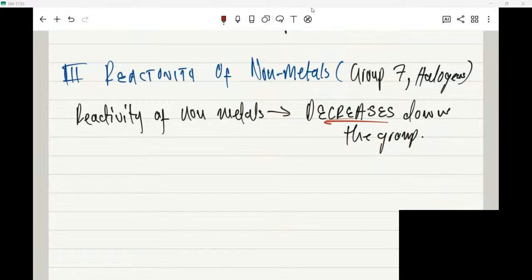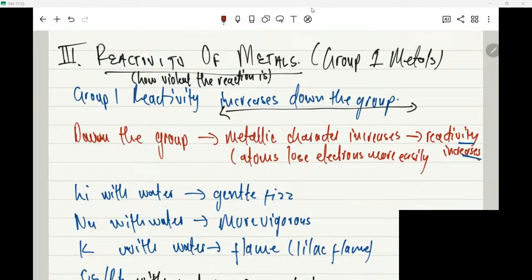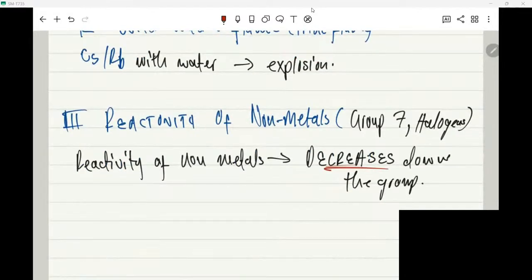Now we explain what happens. Non-metals react by gaining electrons. That's what we call the reaction of non-metals.